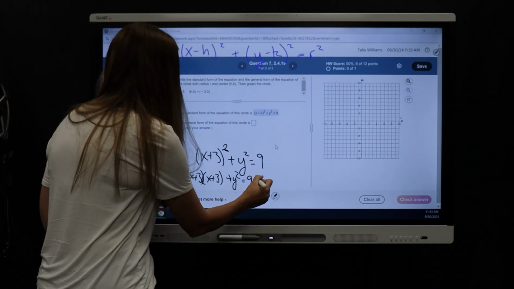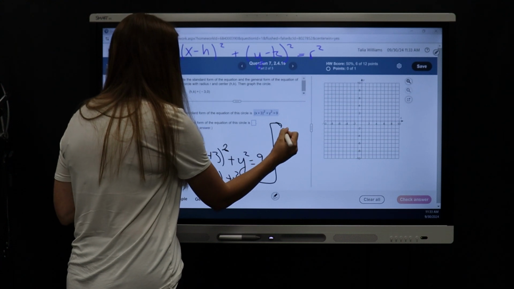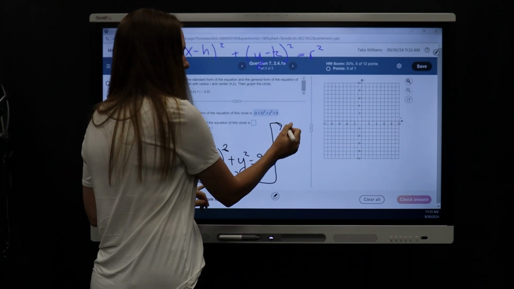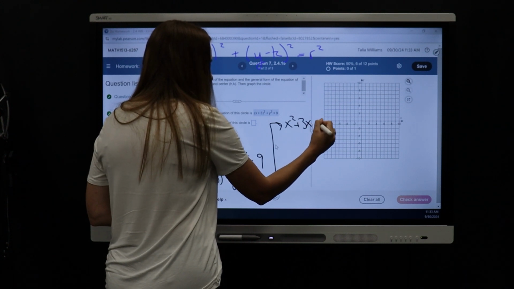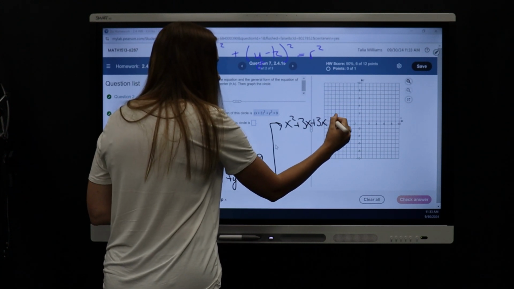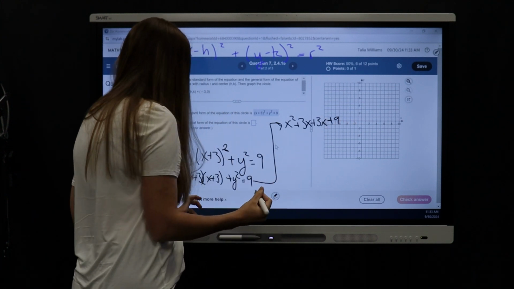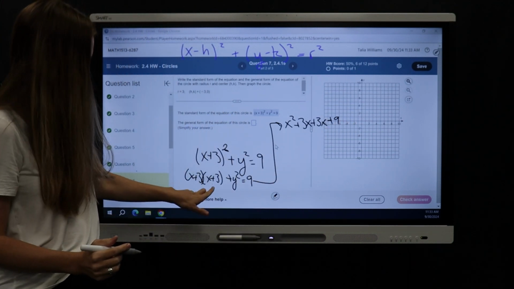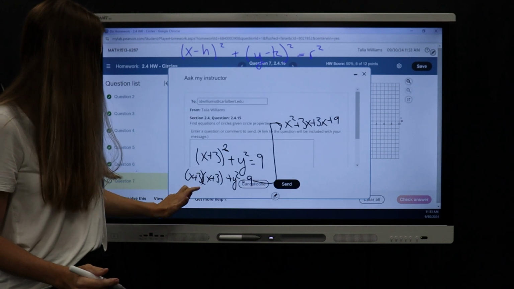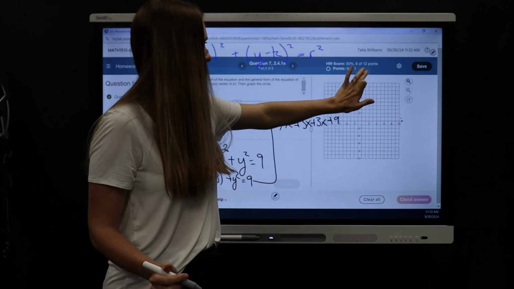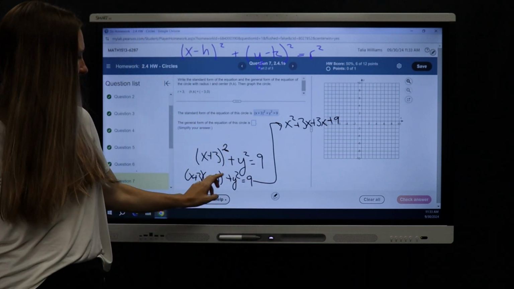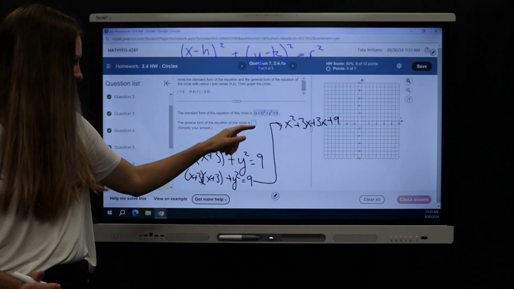So I'm going to go ahead and move this here. So x times x is x squared. And then you'd have x times 3, 3 times x, 3 times 3 to get our 9.